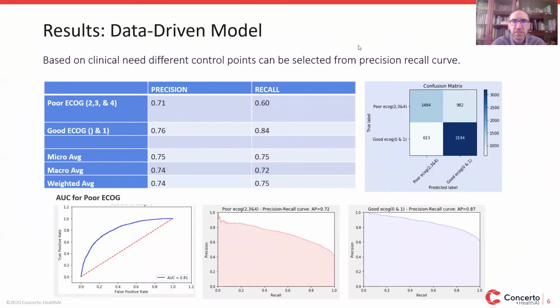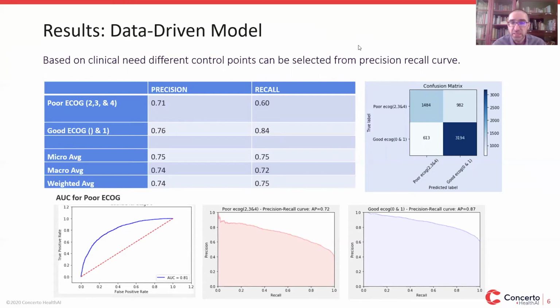So here are the results for the data-driven model. One thing you can see is that AUC is pretty good. It's 0.81, and we also have a PRC average precision of 0.87 for good ECOG, and AP of 0.72 for poor ECOG.